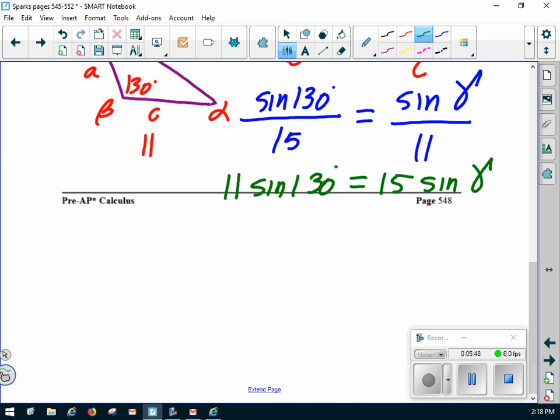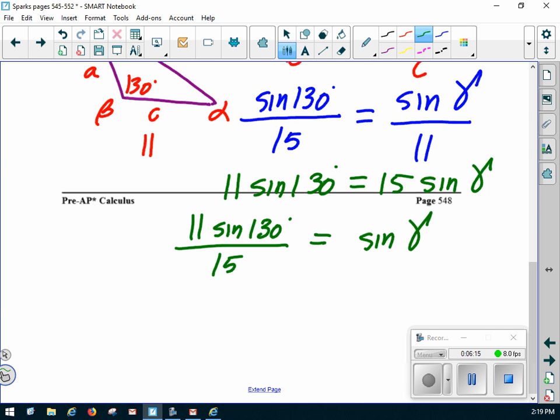How do I get sine gamma by itself? Divide by 15. So I've got sine gamma equals 11 sine of 130 degrees divided by 15. Now, somebody said, I don't know if it was Maribel, we'll just multiply both sides by 11, and that would have been just fine. You'd have gotten this right here.